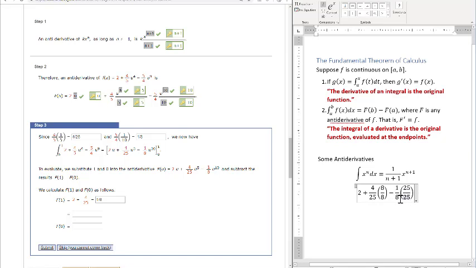So that's 200. So we have 400, 4 times 8 is 32, and 25. So 25 plus 32 is 57, 457 over 200.